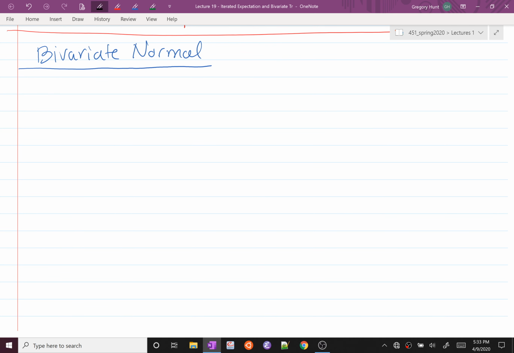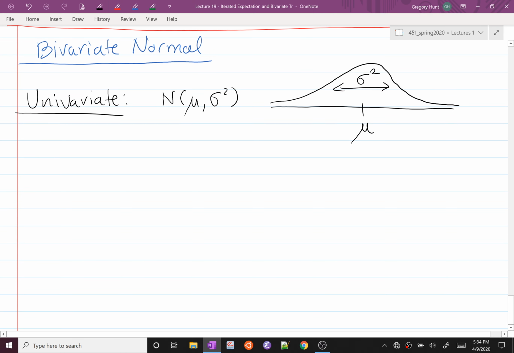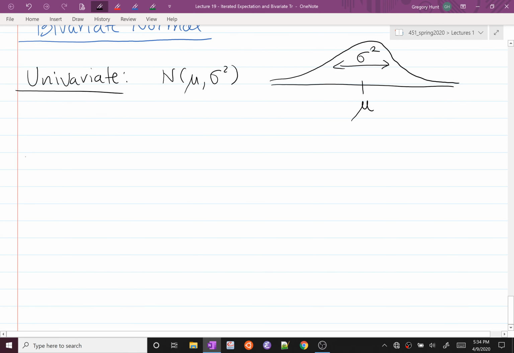So in the univariate case, we had a normal mu, sigma squared distribution, and the PDF looks something like this, centered at mu, and the broadness of it was related to the variance sigma squared. It had that characteristic bell shape.